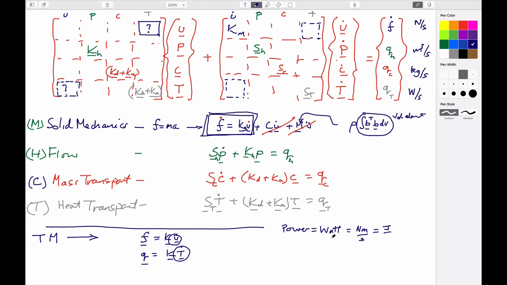Power is the rate of doing work. Work is a Newton meter, so rate of doing work is a Newton meter per second, and we call a Newton meter per second a joule per second. Joule is Newton meter, right? Which is equal to energy per time. Energy or work are the same things, same units.